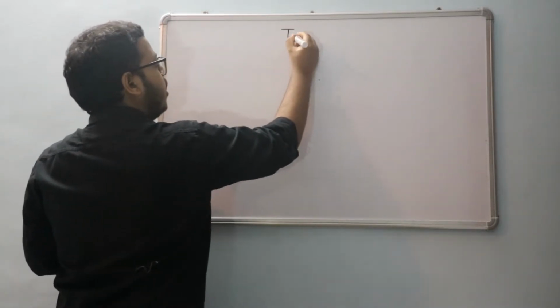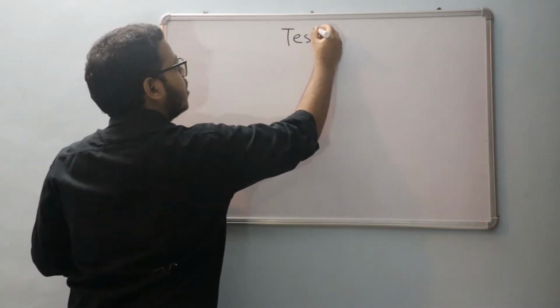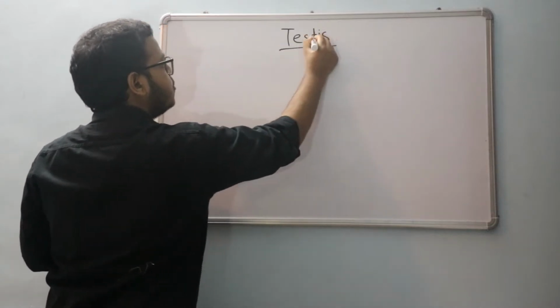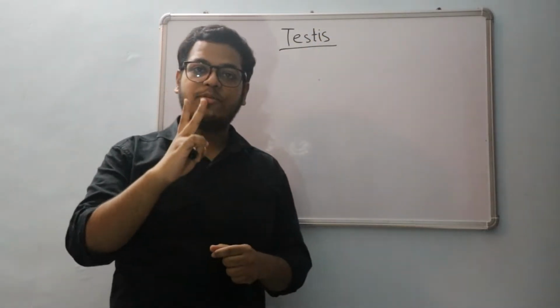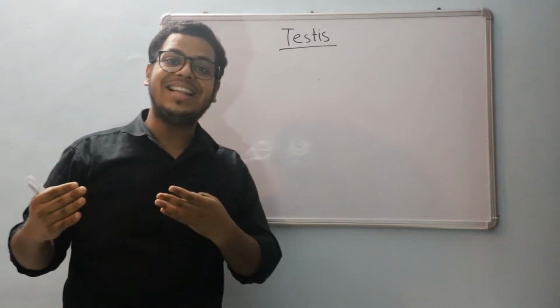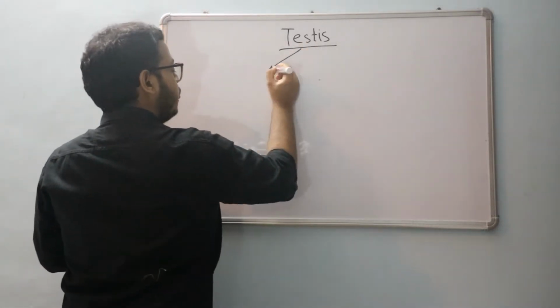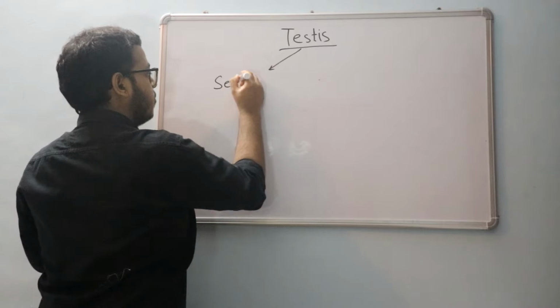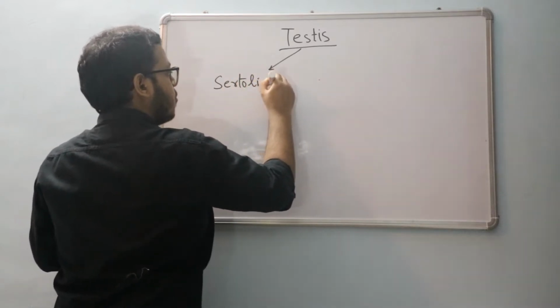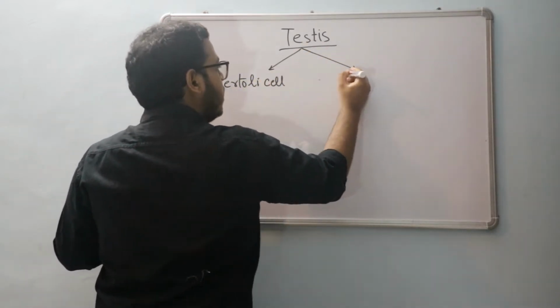Now, if the testis is present, the testis has two types of cells: the Sertoli cells and the Leydig cells.